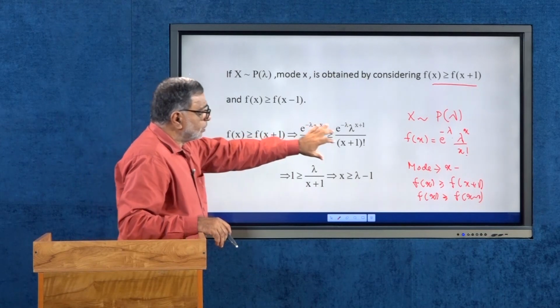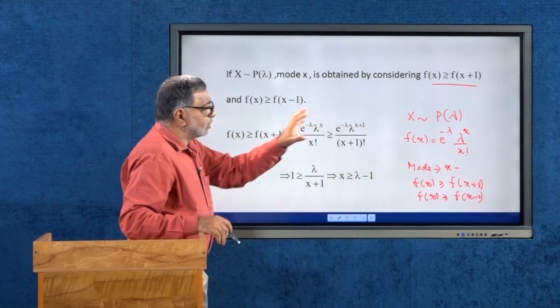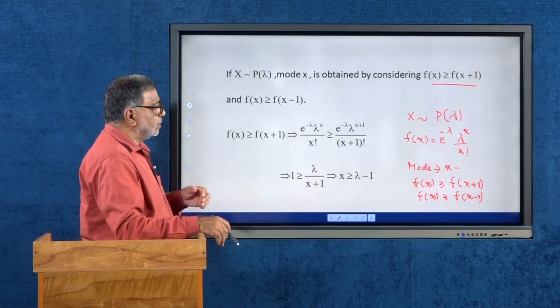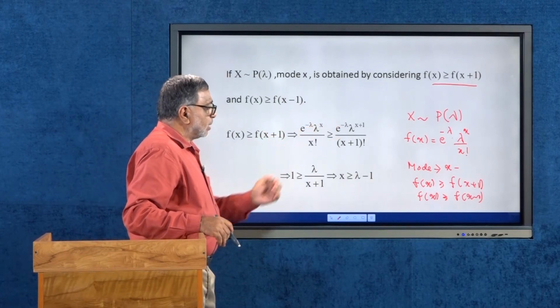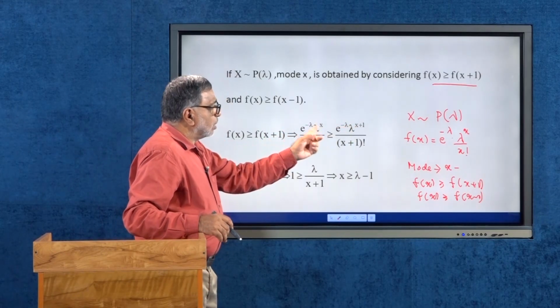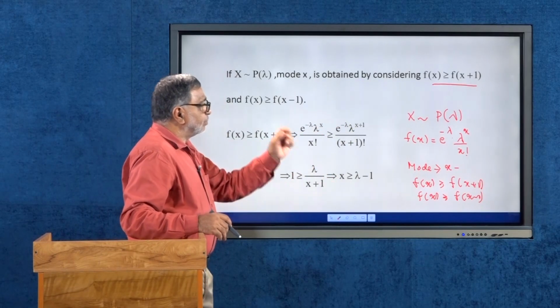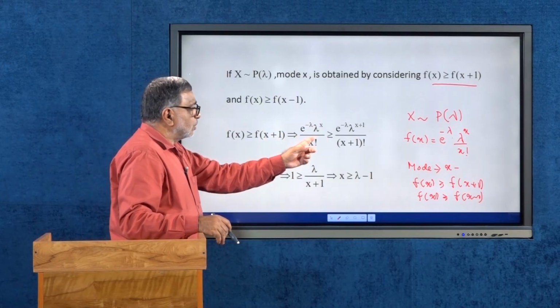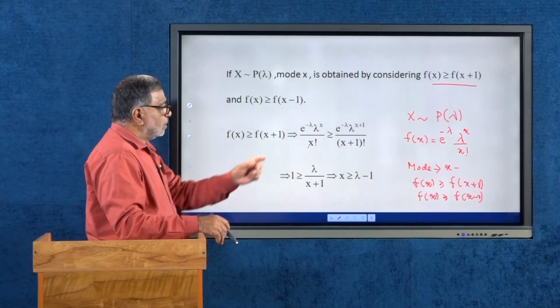From this left hand side expression and right hand side expression, cancelling the common factors, e power minus lambda will be cancelled, and of lambda power x and lambda power x plus 1, only one lambda remains. Lambda power x will be cancelled, and x factorial and x plus 1 factorial have a common factor.